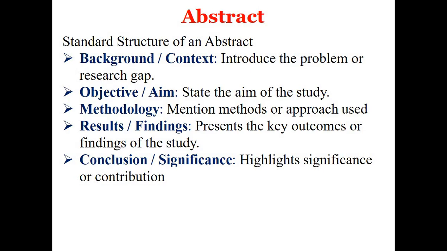In the abstract we present only the important outcomes or key findings of our study. Then conclusion and significance: we highlight the significance or contribution in one or two lines. Our abstract must be concise.